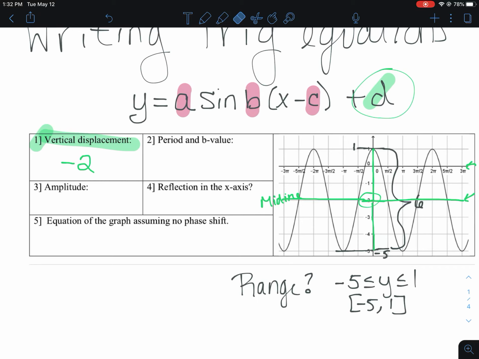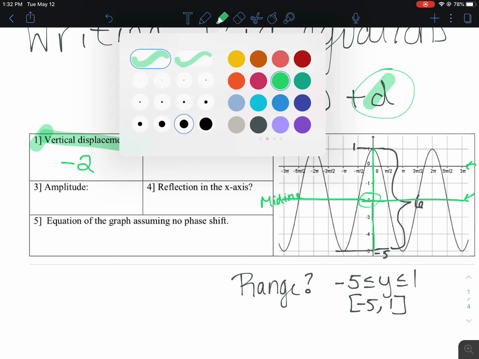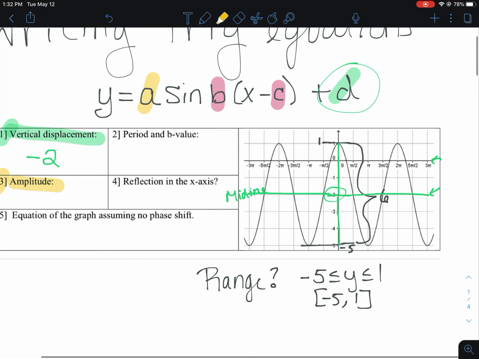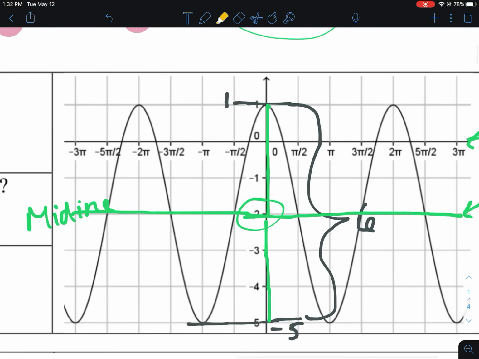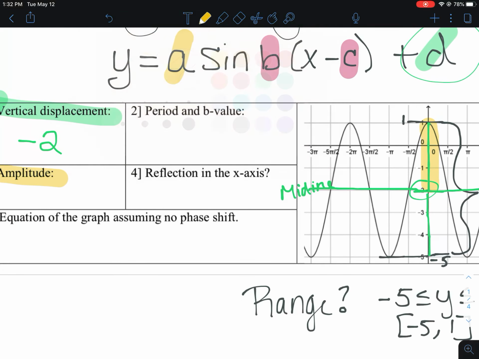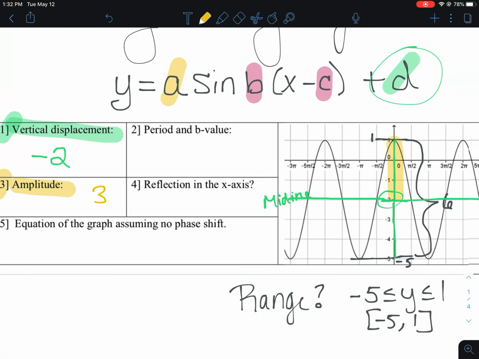That is D. What we also just figured out is in part 3, let's go yellow here, is the amplitude, right? Because if this total distance is 6, then the amplitude is half of that, or 3 spaces.